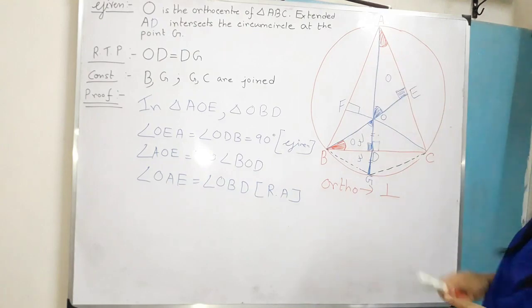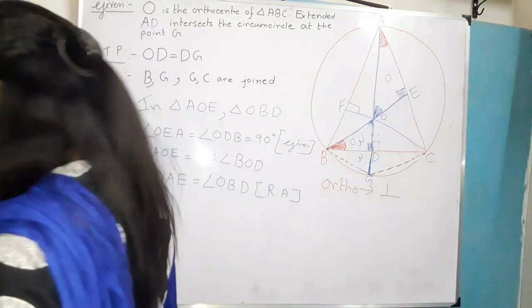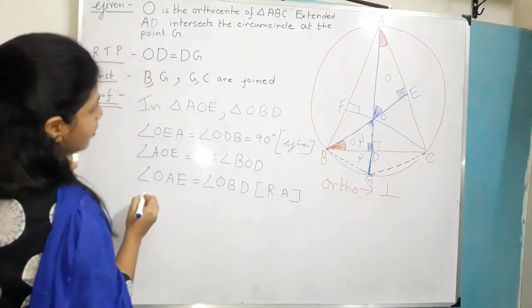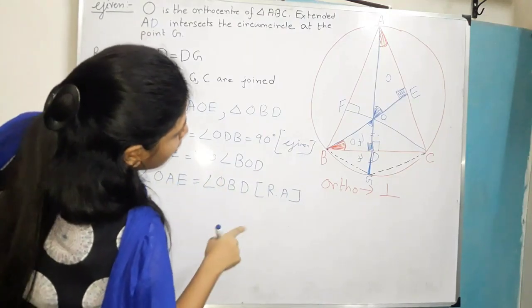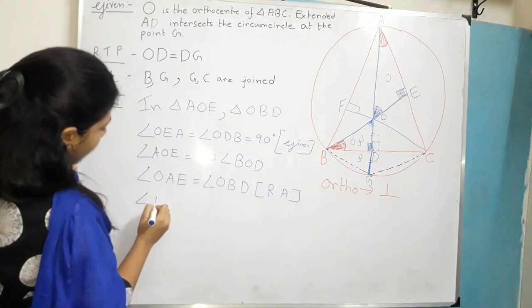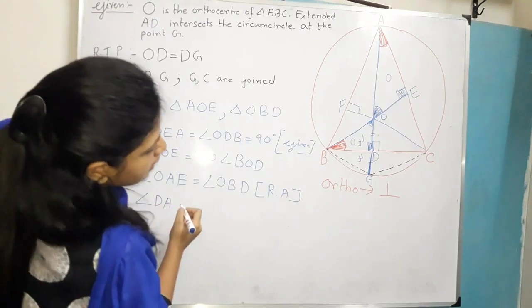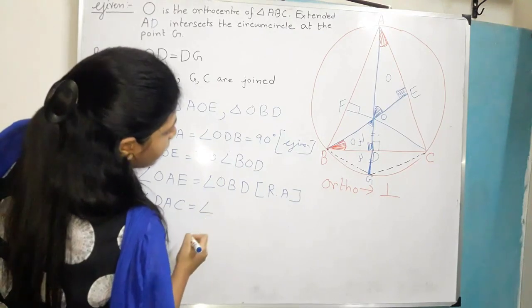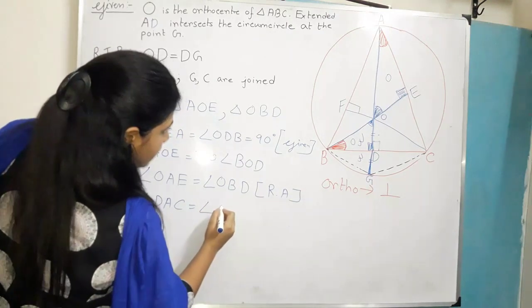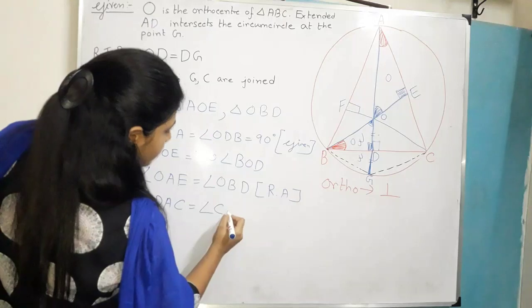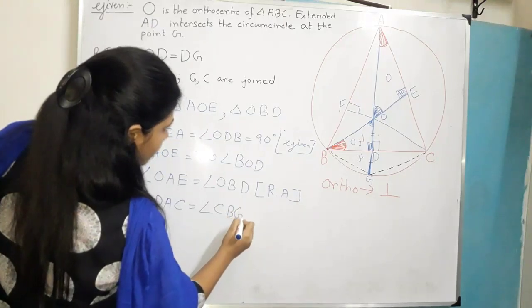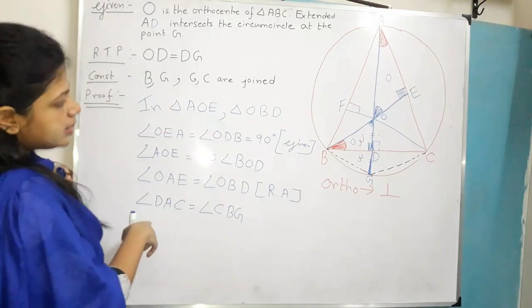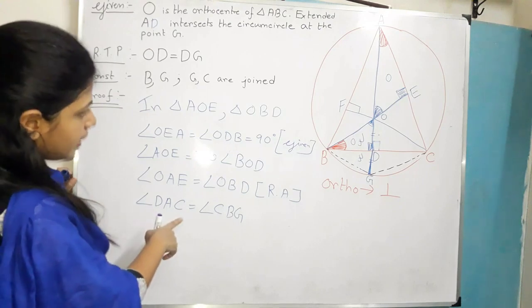Now I will take angle DAC equals angle CBG. You can also take it as GAC, both are the same.